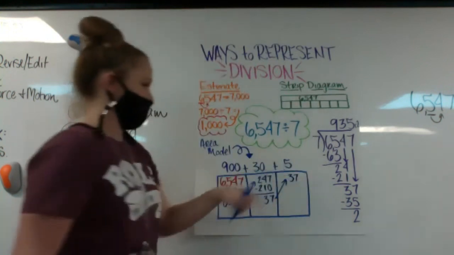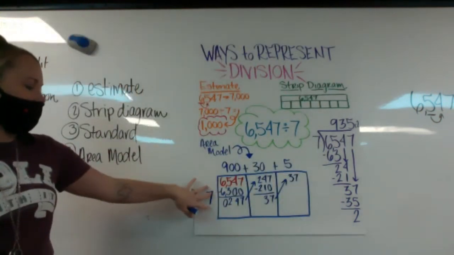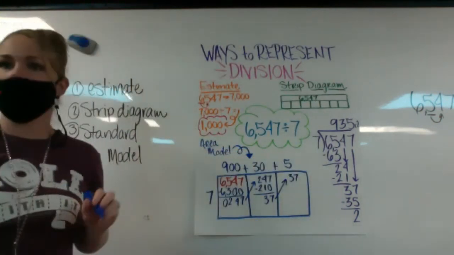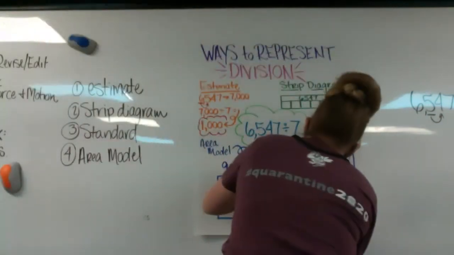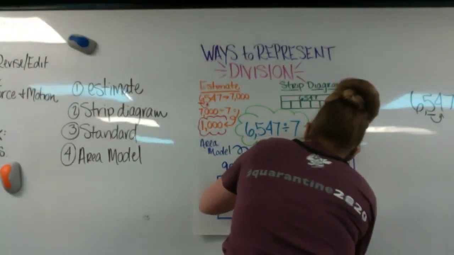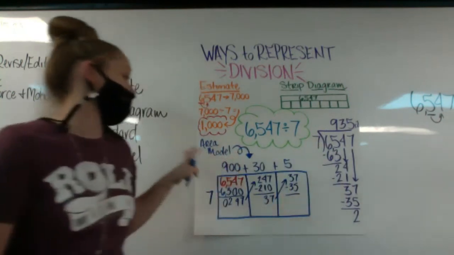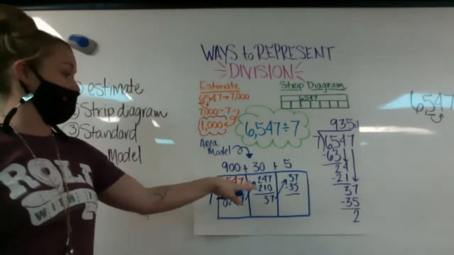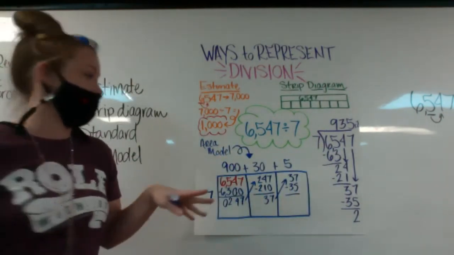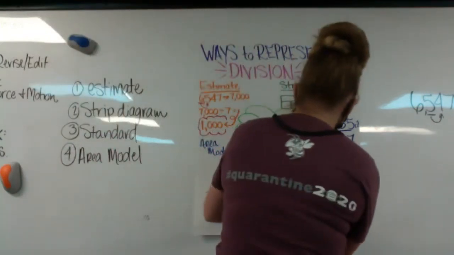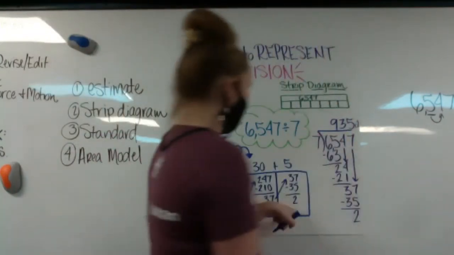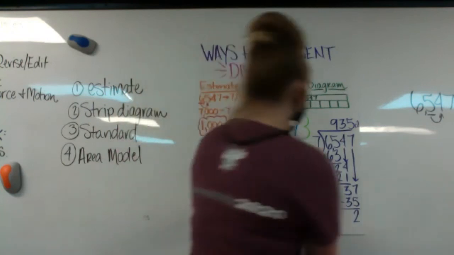So I brought my 37 up. And I say, what's 7 times 5? 35. It is kind of neat how this works out. When I was a child, I never saw this. I don't even know if anybody did this. And 37 minus 35 is 2. So then that's your remainder, okay? And I'll just put it up here.